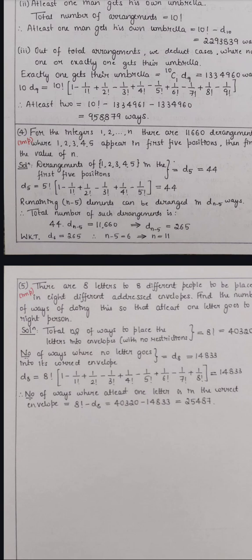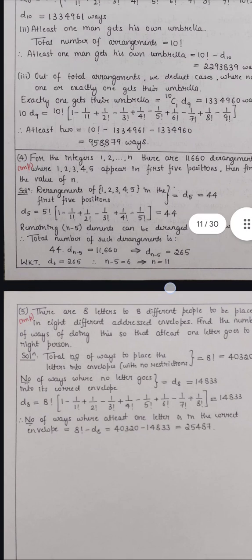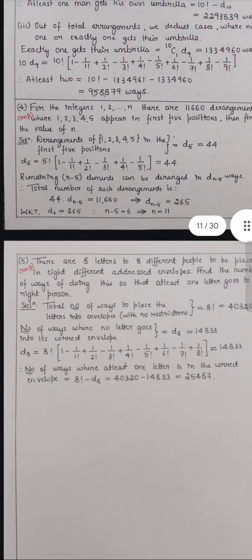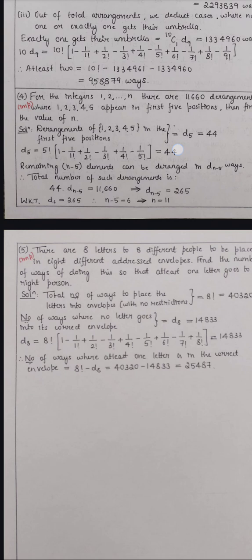So that is 44. The remaining n minus 5 elements will be deranged in dn minus 5 ways. They have already given the answer as 11,660. Then for this we have to multiply d5 into dn minus 5. d5 is 44 into dn minus 5 is 11,660. dn minus 5 equals 11,660 by 44.